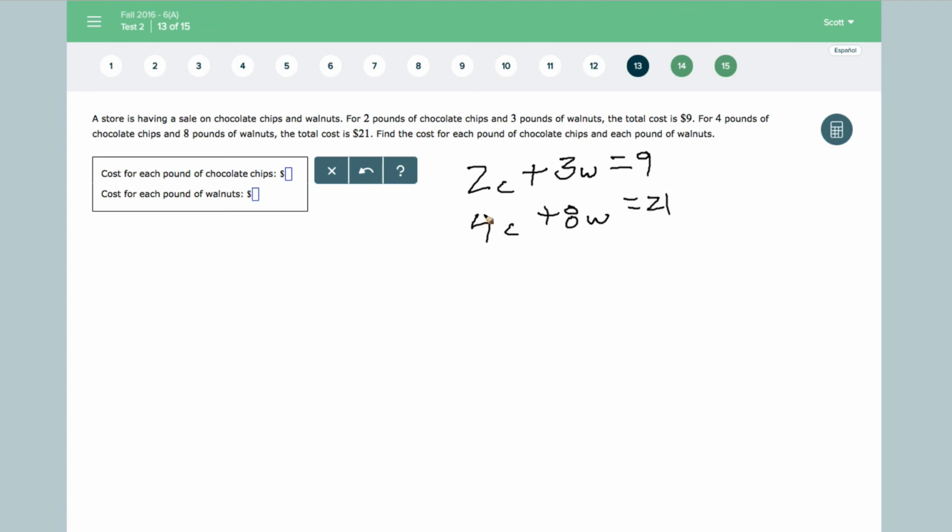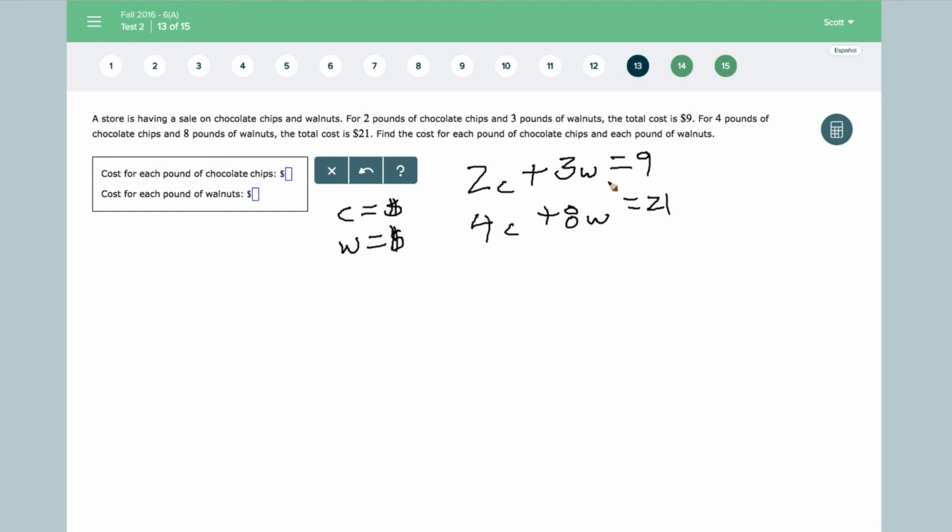How much is each chocolate chip? So C equals the price, and W equals the price for chocolate chip and walnut.